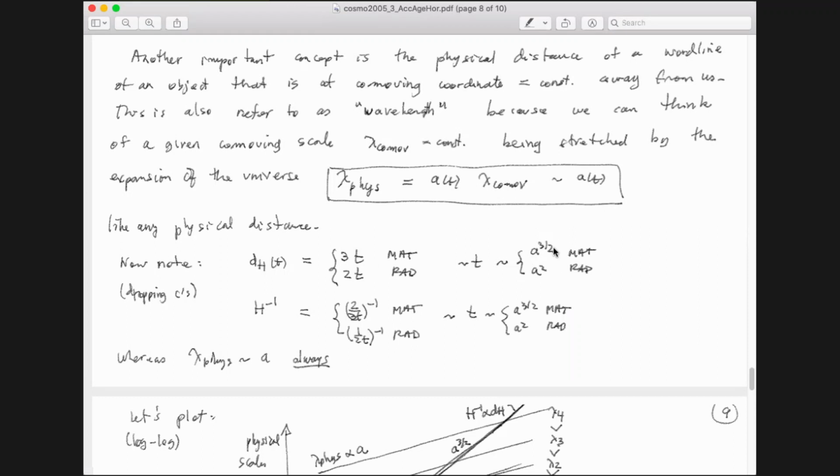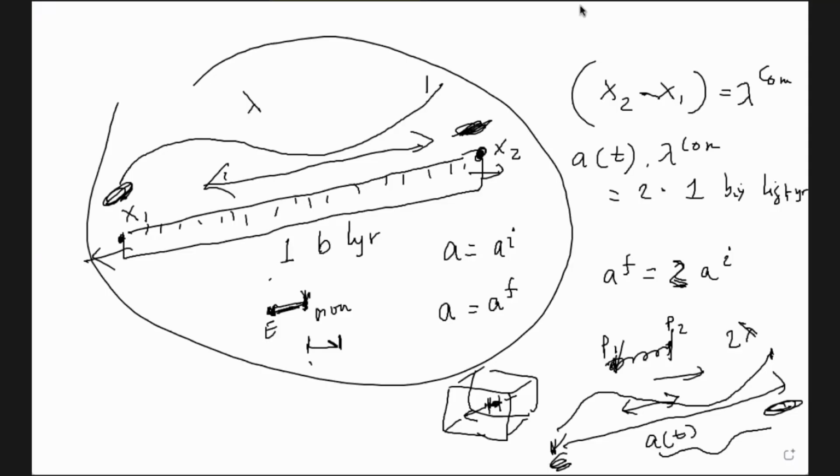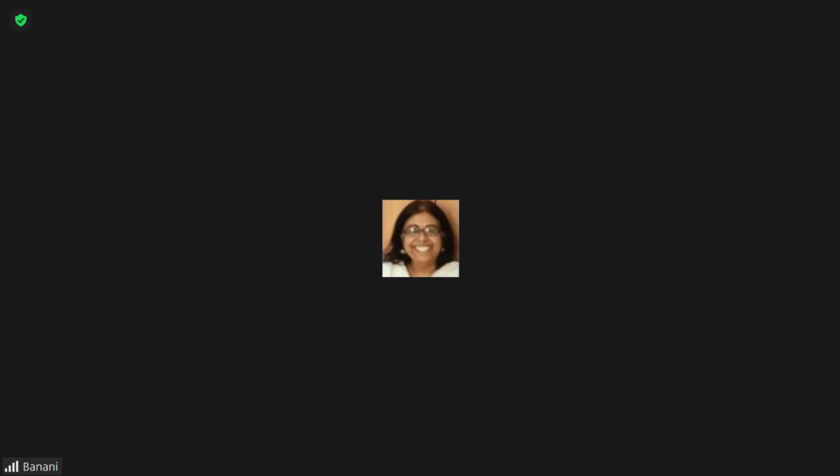Is it clear? Yes, sir. For the radiation dominated era it is 2t, and you know that A goes as t to the power half, so t will be going as A squared. Is it clear? So now, a very important concept is coming up.